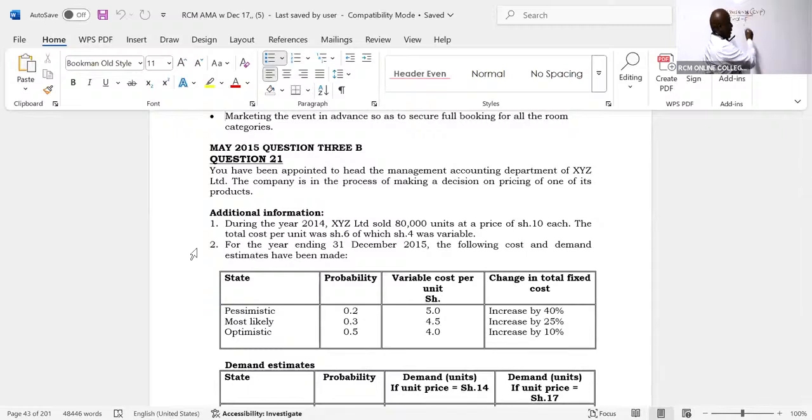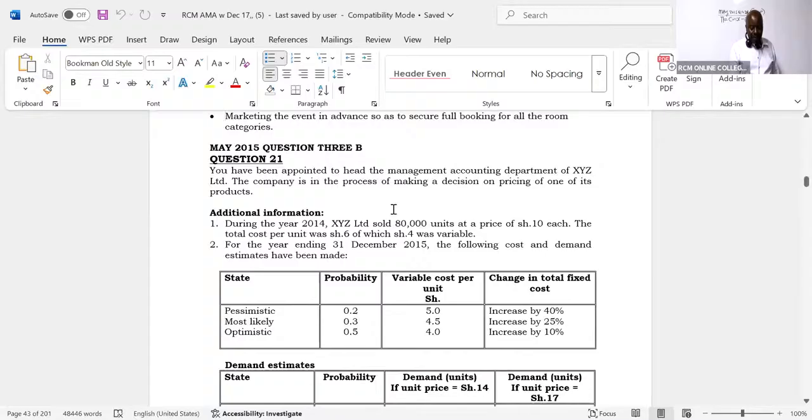Now, ladies and gentlemen, we are told here, you have been appointed to head the management accounting department of XYZ. So in this case, you think like a head of department. You're not just anybody. And we must get this question right because we are heading departments.